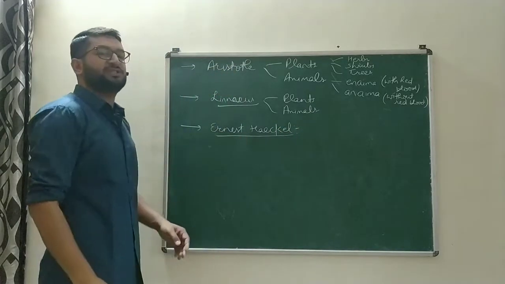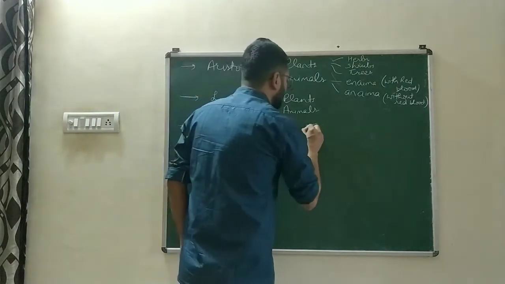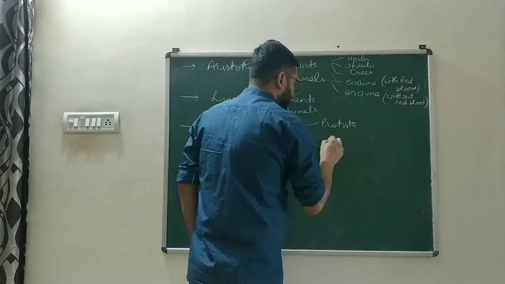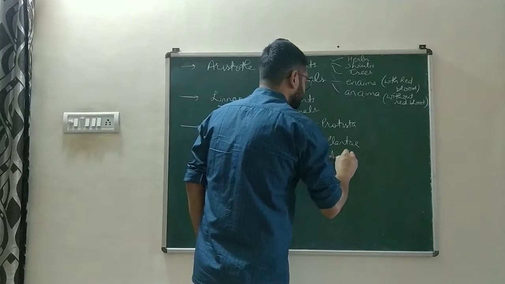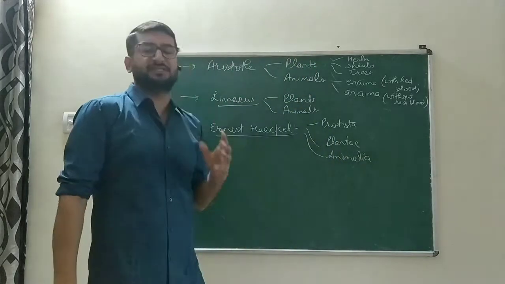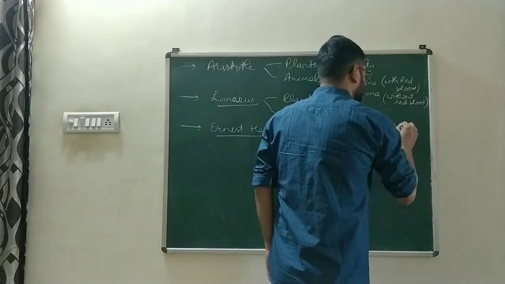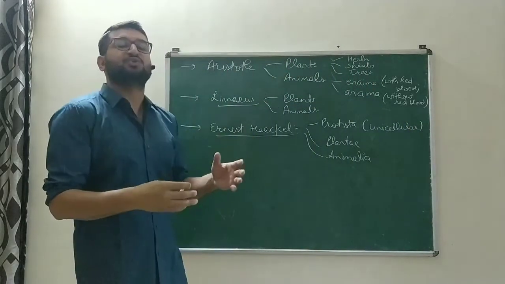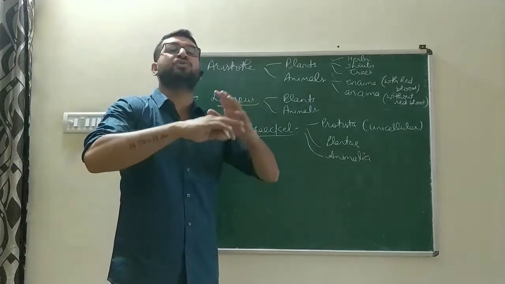Ernst Haeckel proposed the three kingdom classification system, and he proposed a new kingdom, that is Protista, along with Plantae and Animalia. This was the first time when unicellular organisms were separated into their own kingdom.